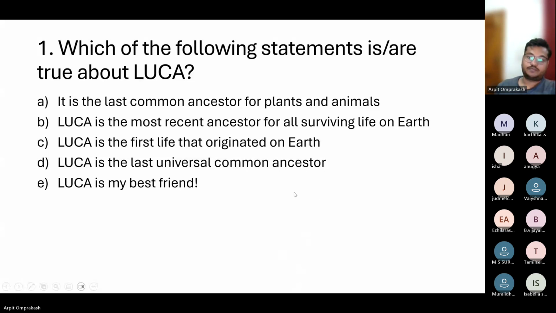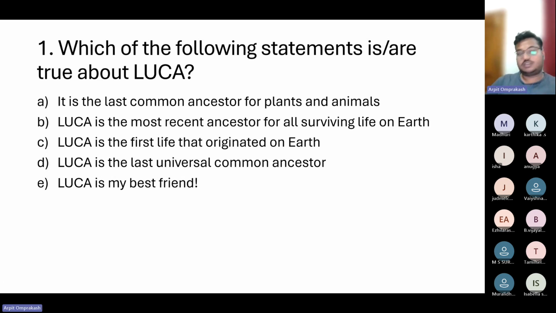Okay. Someone said A and B. So we'll take a look.